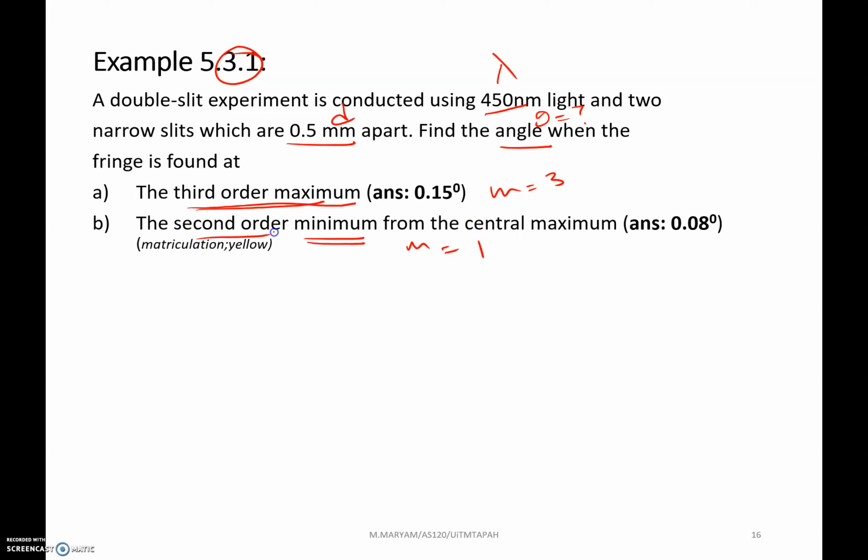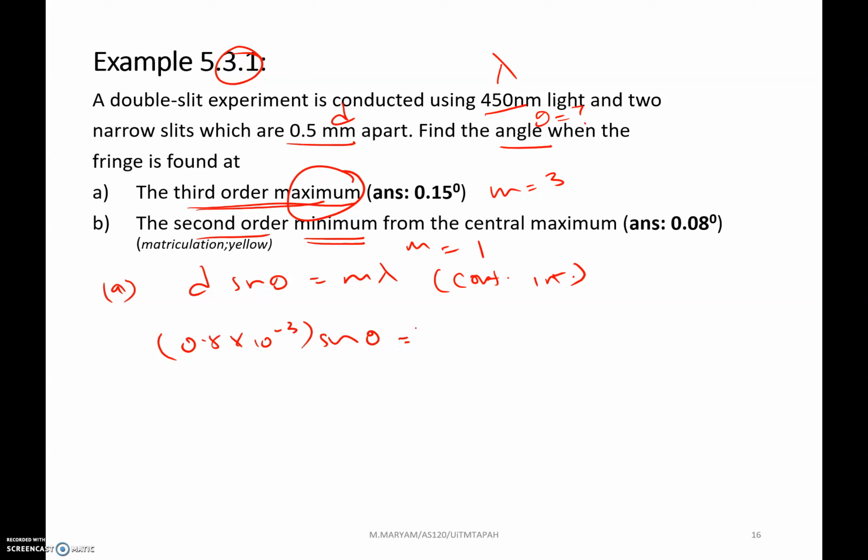Right, now let's do A first. For constructive interference, d sin theta is equal to m lambda, because they want maximum here, so we will use the constructive interference equation. We have our d here, 0.5. Make sure you change everything to SI units. Sin theta, theta is the one that we need to find. Your m is 3 and your lambda is 450 nanometer.